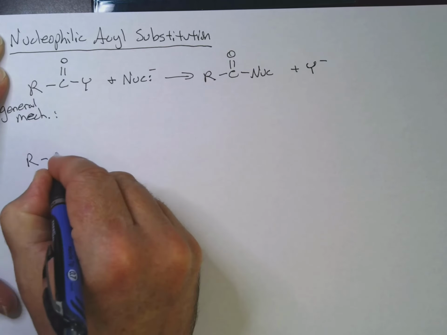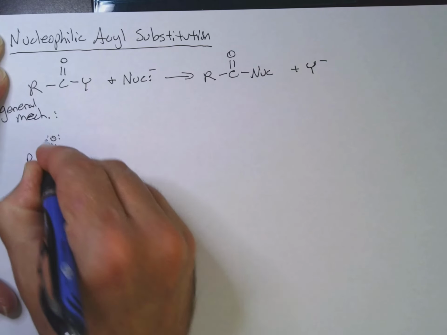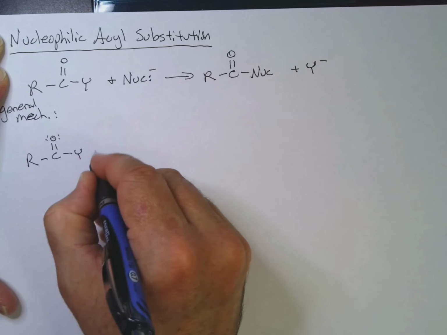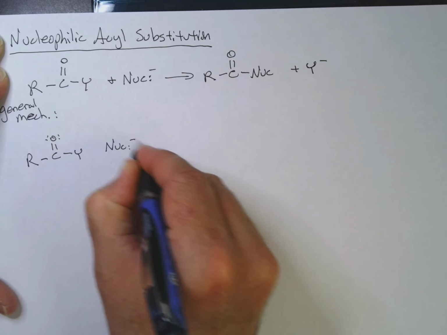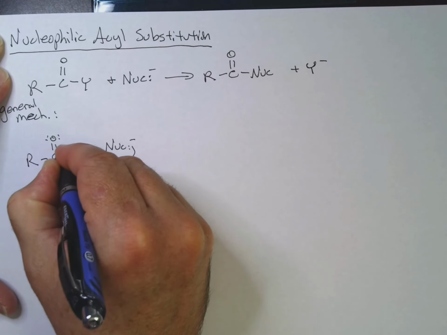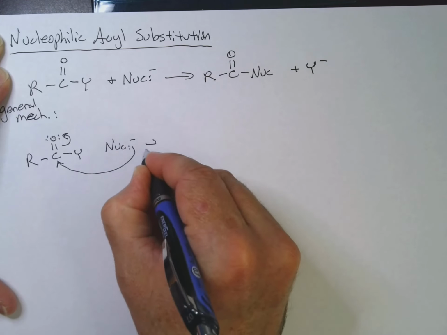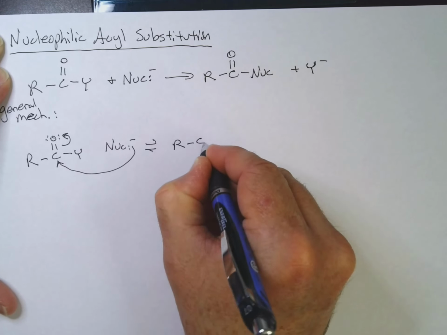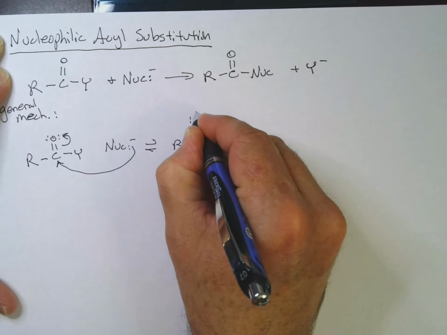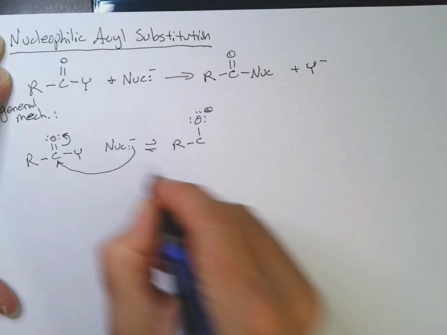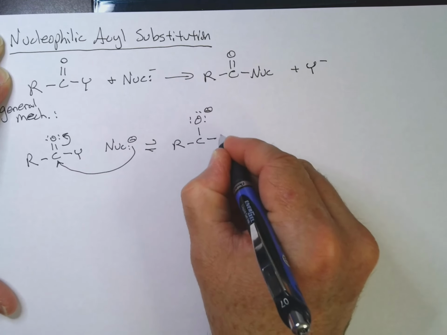We've got R, C, double bond O, lone pair, Y. And then we've got our nuc minus, and we get nucleophilic attack, and we form something called the tetrahedral intermediate, which I may have spoken about earlier.